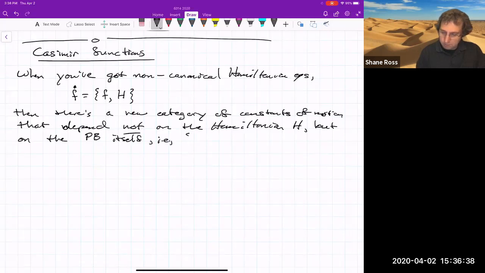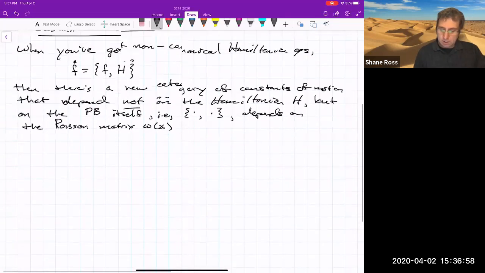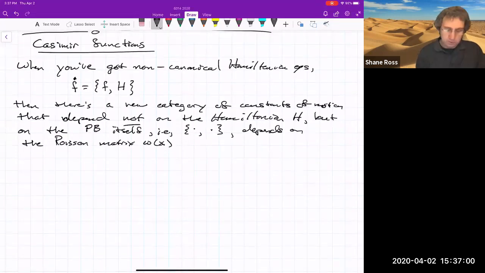That is, the Poisson bracket, which means it depends on the Poisson matrix. And often these Casimir functions are called C of x. They're going to be constant. And here's where it comes from.